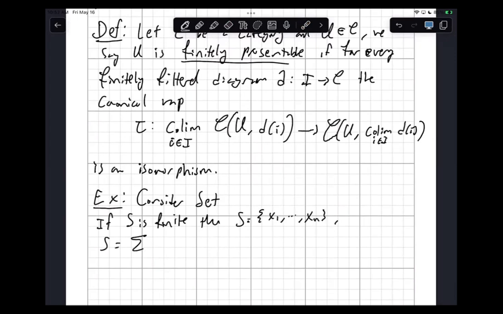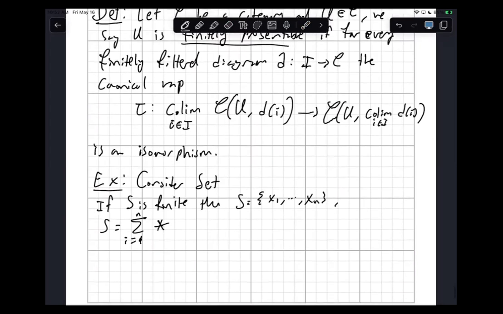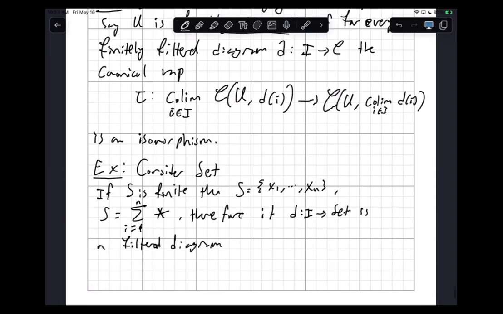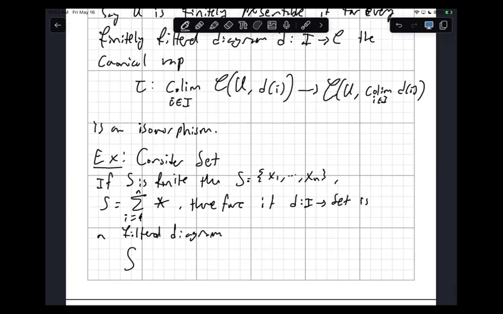That means S is the coproduct of a single point. So we want to show, if D from I to Set is a filtered diagram, then I have this colimit.